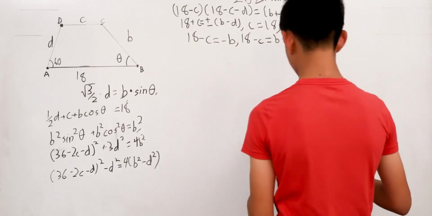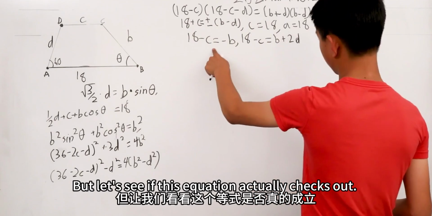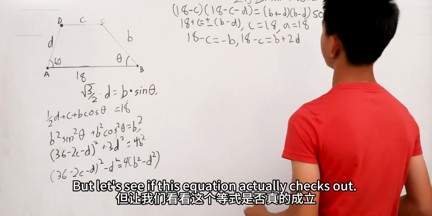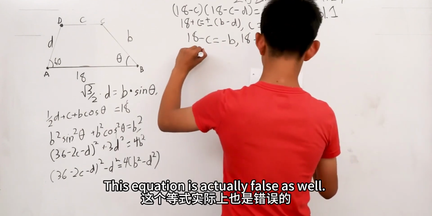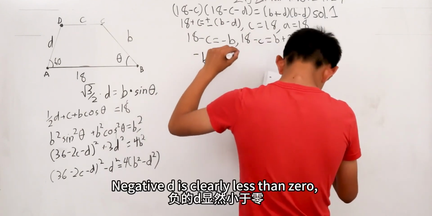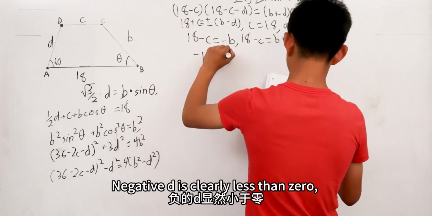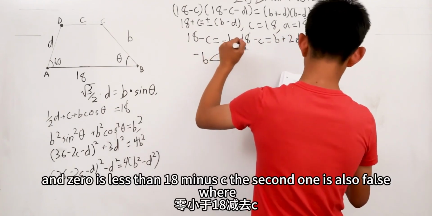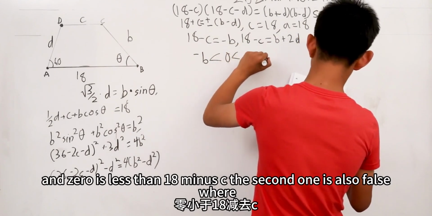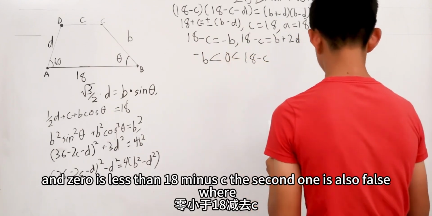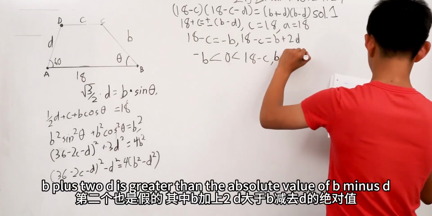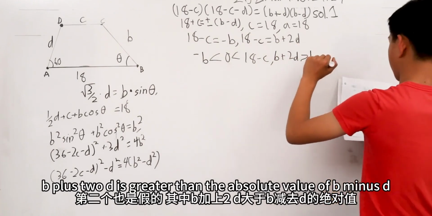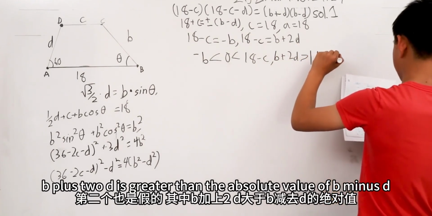But let's see if this equation actually checks out. This equation is actually false, as negative b is clearly less than 0, and 0 is less than 18 minus c. So the second one's also false, where b plus 2d is greater than the absolute value of b minus d.